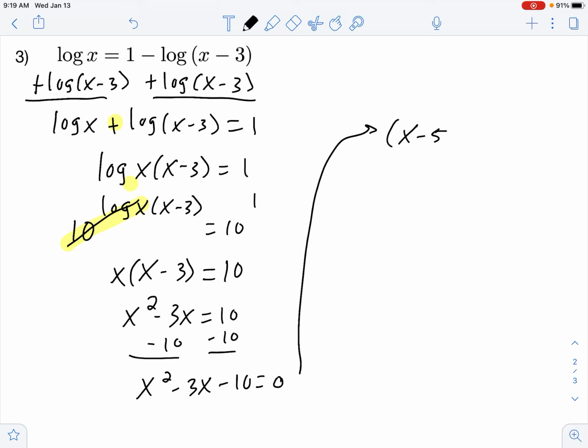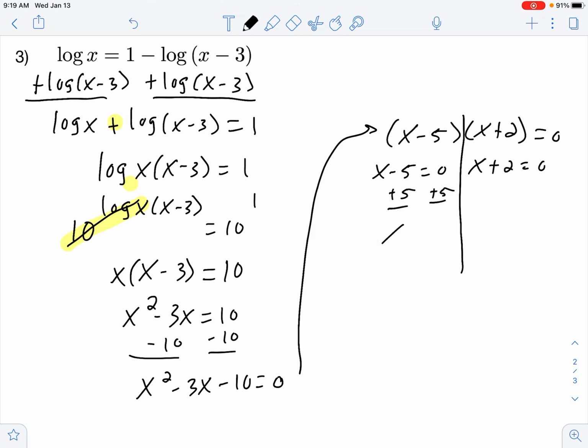So this factors to x minus 5 times x plus 2. And of course, when we solve, we set those equal to 0 and solve each one. So we add 5, so we get x is equal to 5. And then we subtract 2, and get x is equal to negative 2.